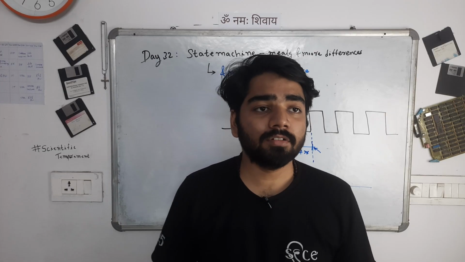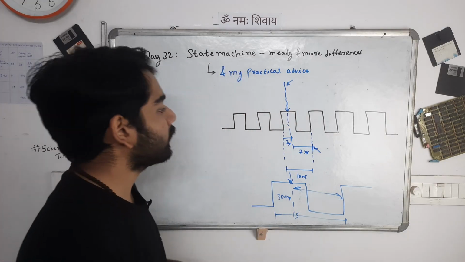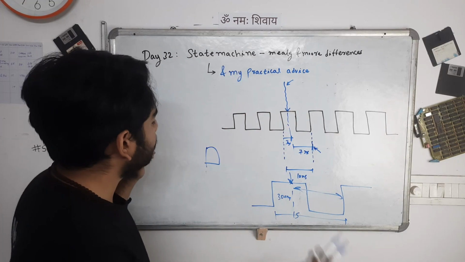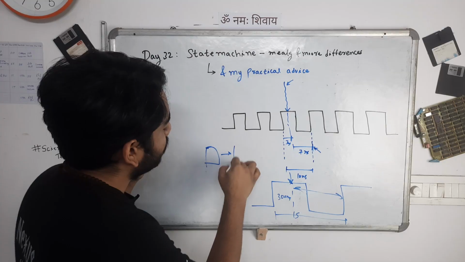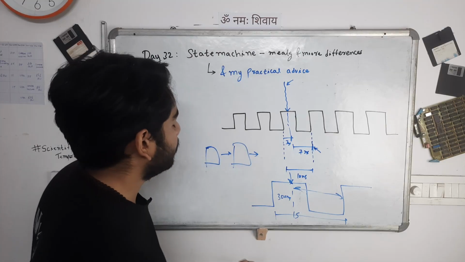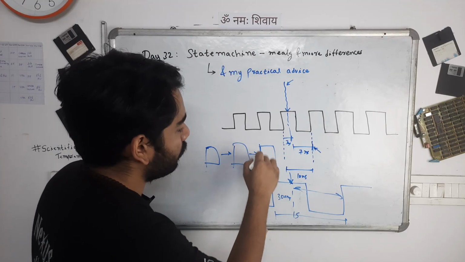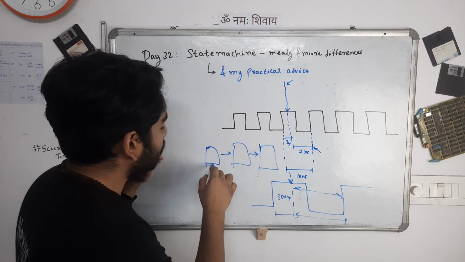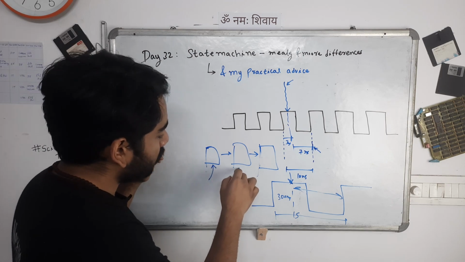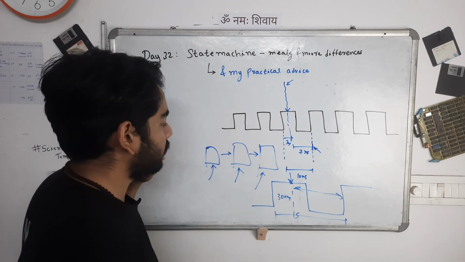The problems that you can solve with state machines would usually be stepwise problems. Let's say you need to follow some kind of a path for getting the final output: first doing this, then moving on to this operation, then moving on to the next operation.